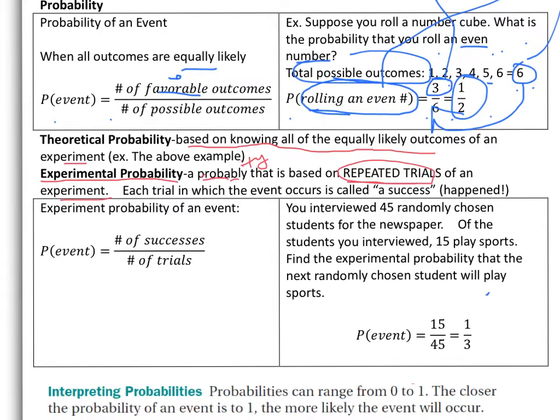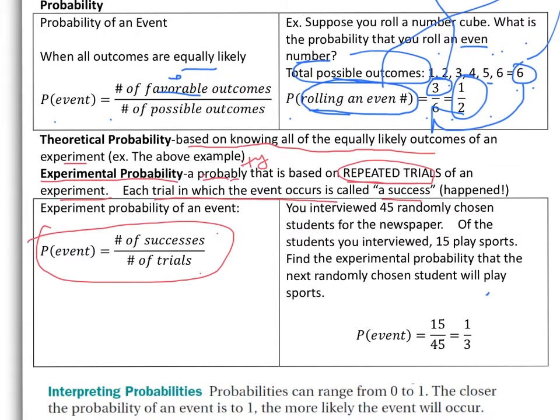Okay, so each trial in which the event occurs is called a success. So of all these trials, when it does happen, then it will be called a success, meaning this person got it. Okay, so here's our representation for an experimental probability, the number of successes over the number of trials.